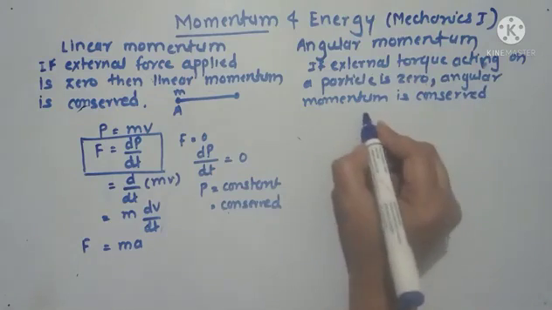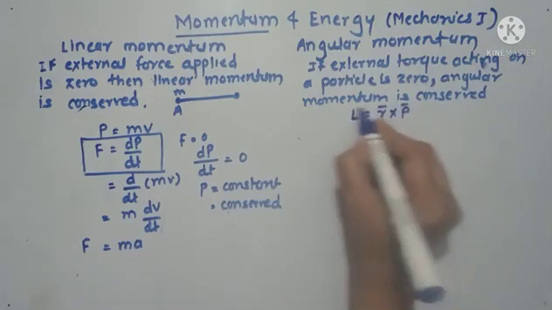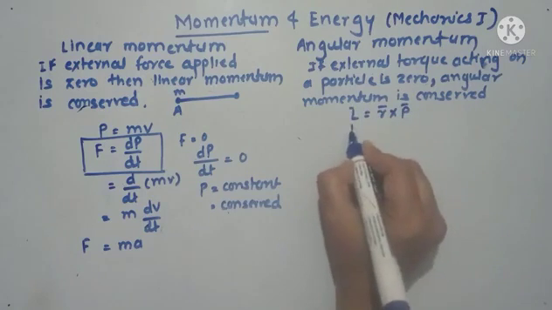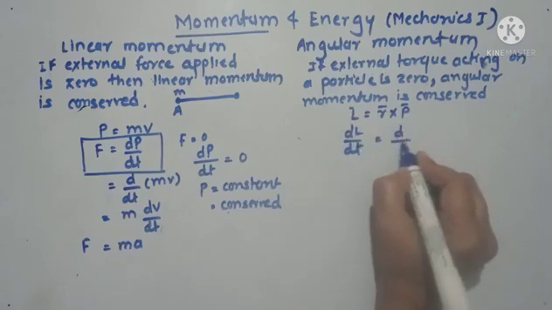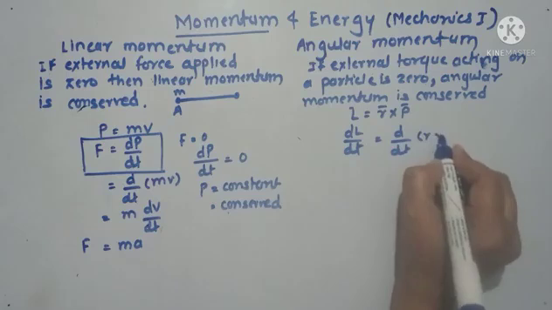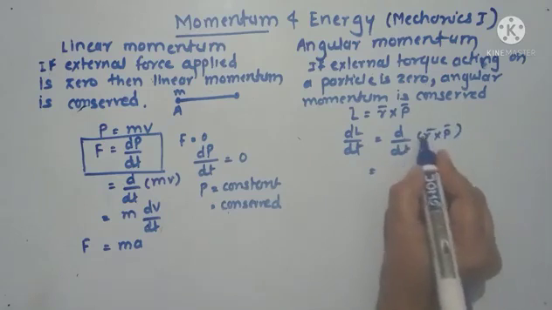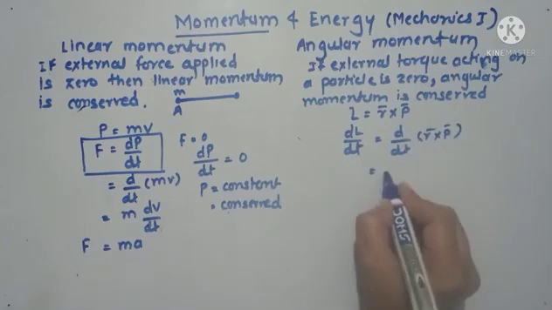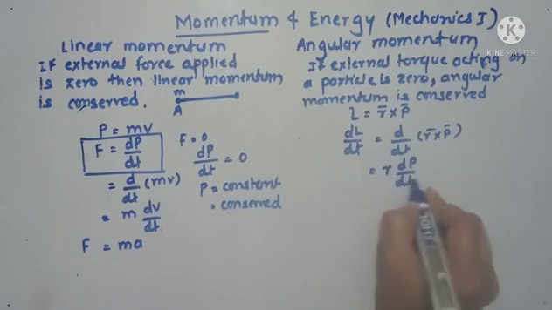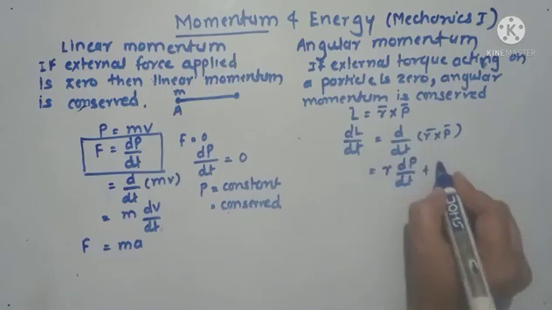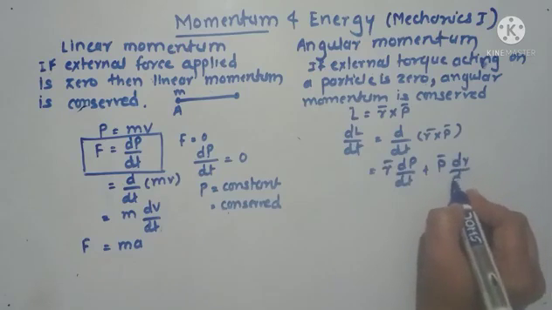Now let us define L is equal to r cross p, and take dL upon dt, so it will become d by dt of r cross p. I can take the first term into the derivative of the second term, plus the second term into the derivative of the first term.